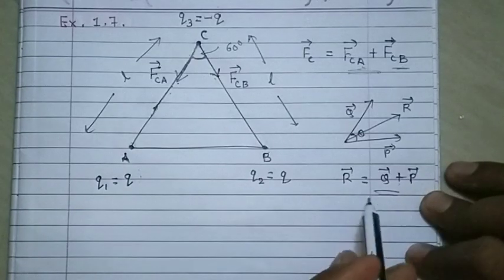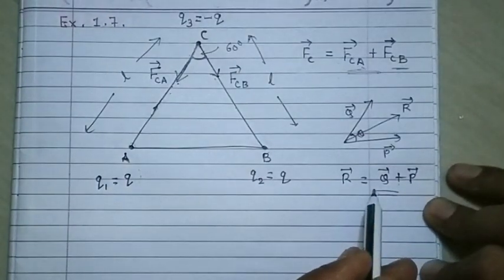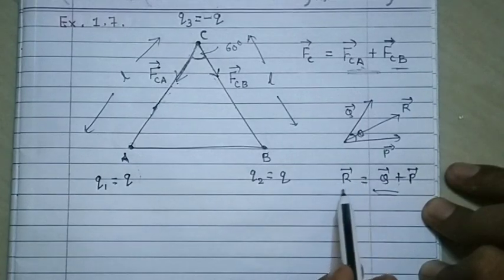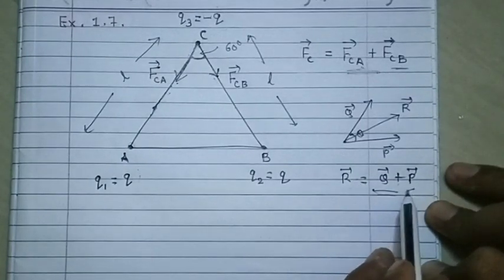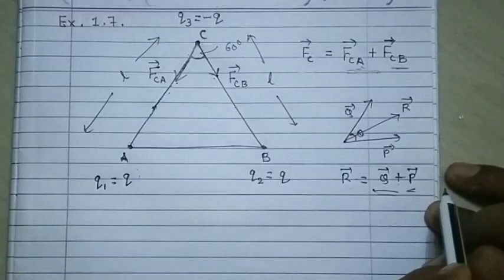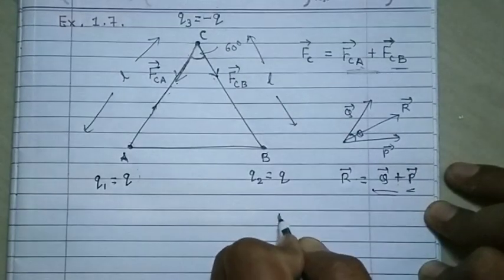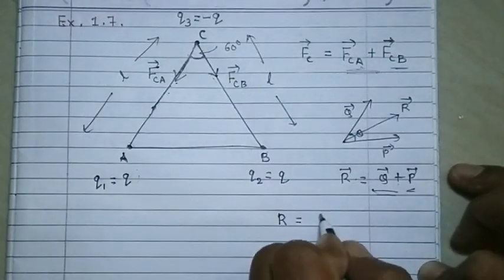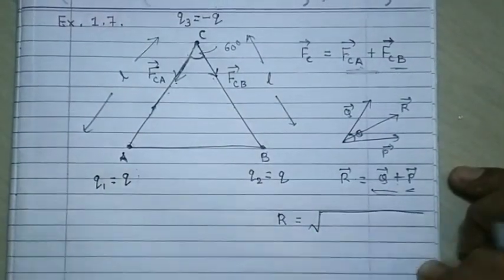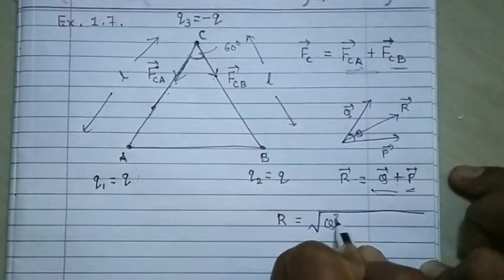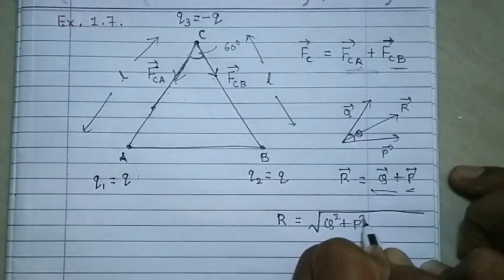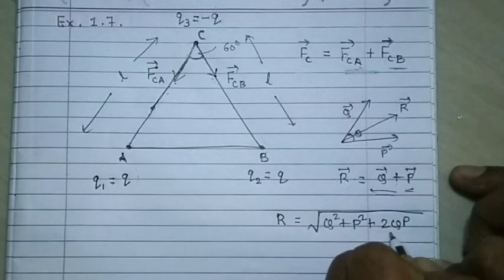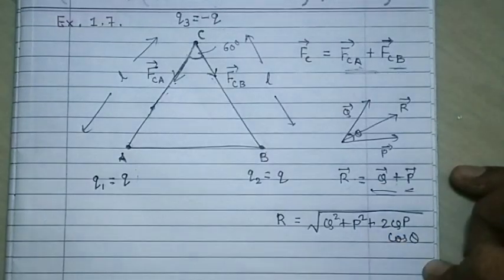Now once again come to this topic, that the resultant vector R is the summation of these two vectors, and so the magnitude of R can be given as square root of q square plus p square plus 2qp cos theta.